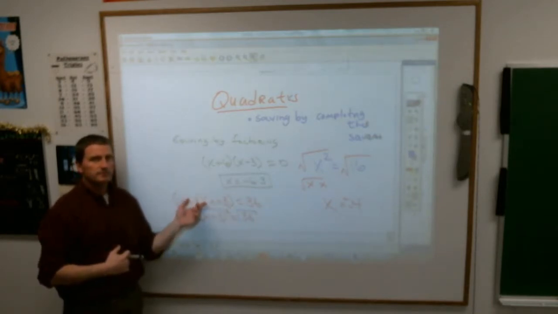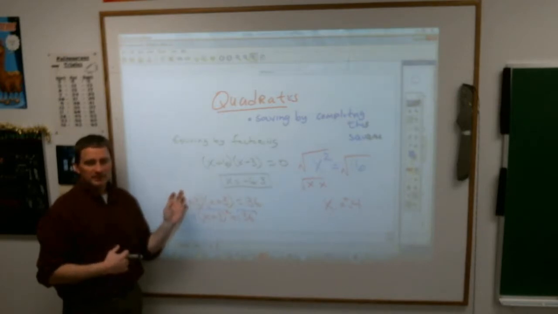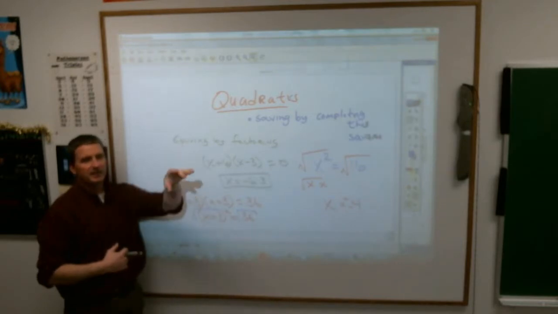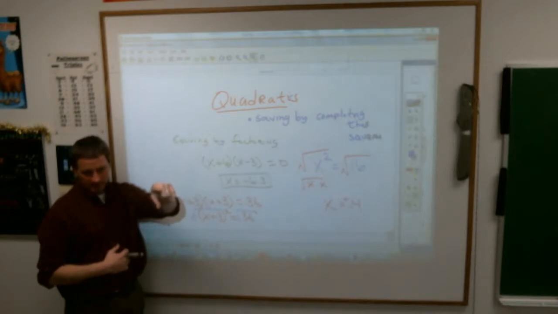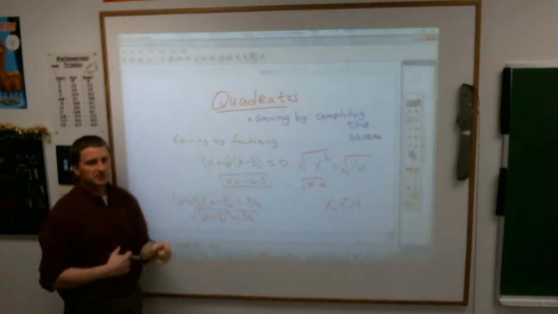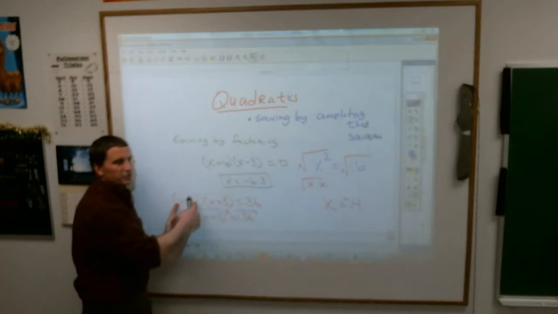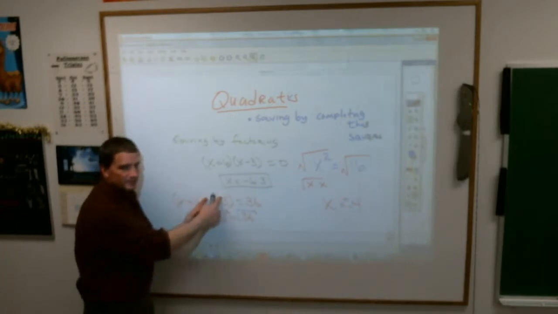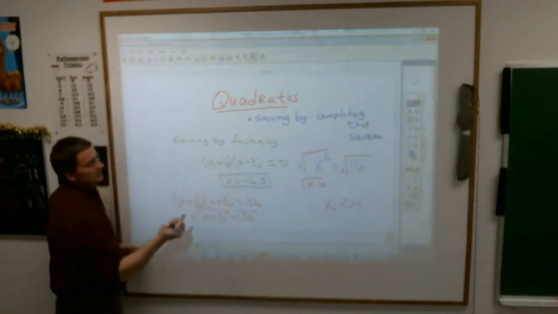X plus 6. No. Where does the x plus 6 come from? What two things are getting multiplied together here? X squared plus 9.